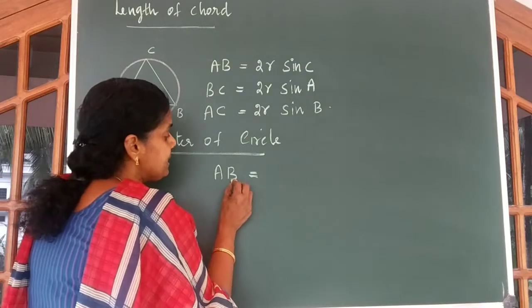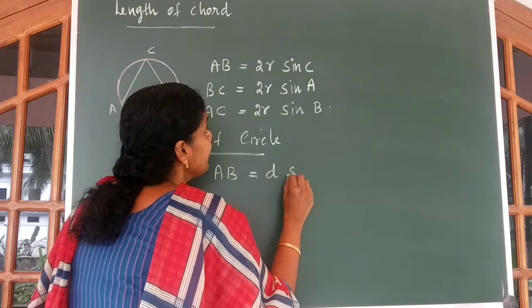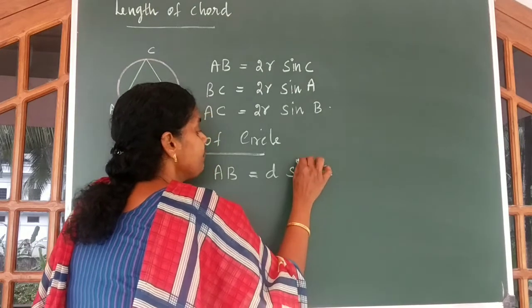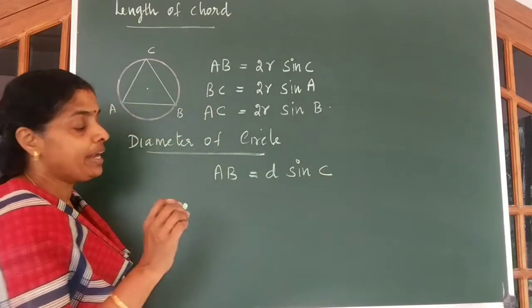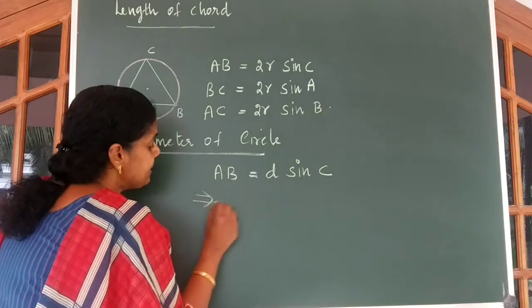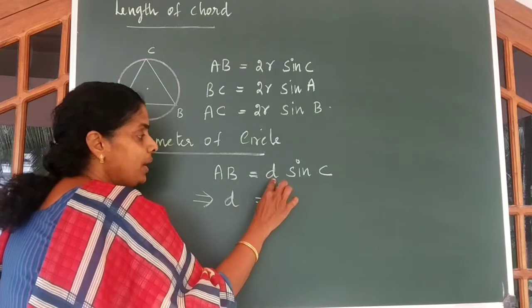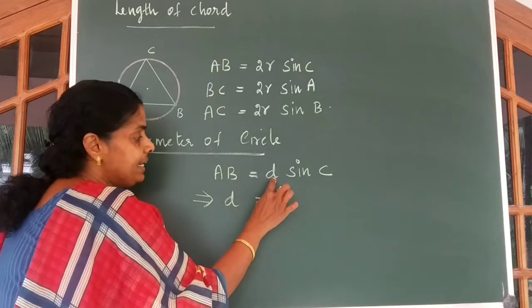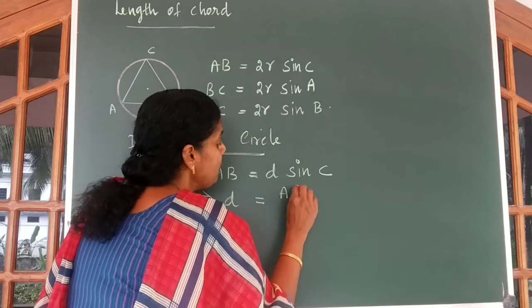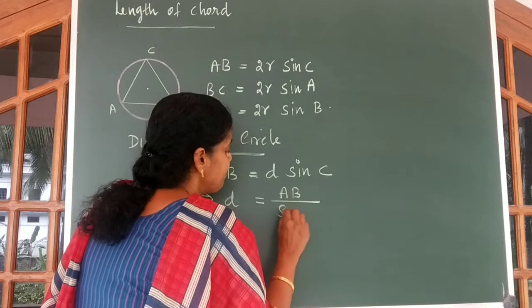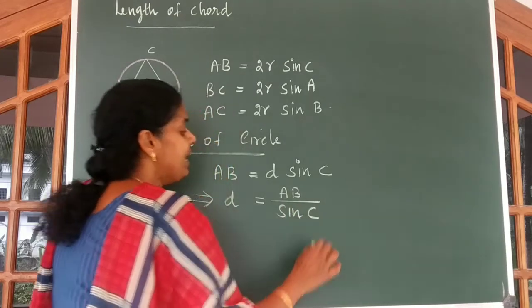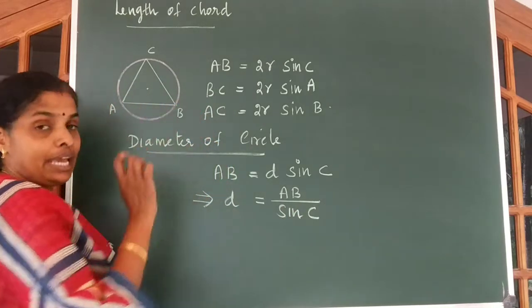So we can write AB is equal to D sine C. From this we come to a conclusion: diameter is equal to AB divided by sine of the angle opposite to AB.